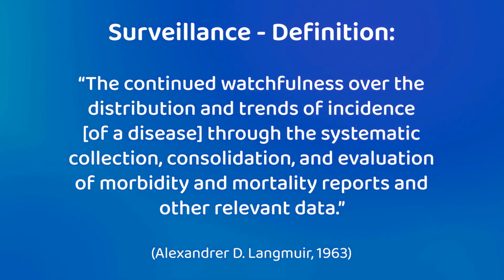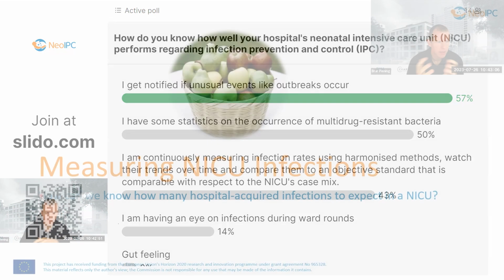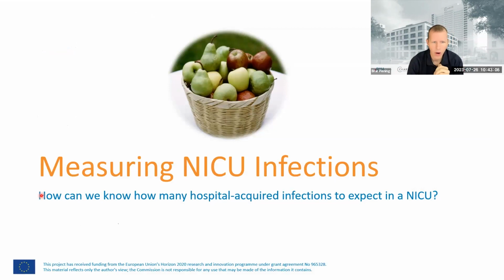You watch the trend over time so that you can see if something changes in your ward, and try to compare to other wards or to an objective standard that is comparable with respect to the case mix. So how do we actually know how many infections we should expect in our NICU, why it is complicated to measure and not compare apples and pears, and how can we set our expectations regarding infection rates.